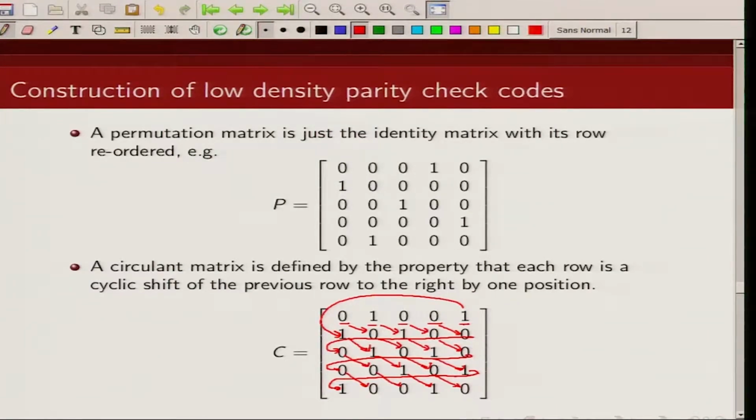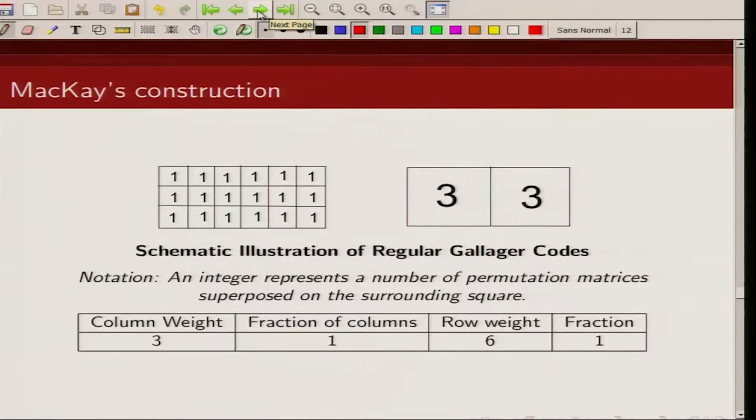We will now show how we can randomly construct these permutation matrices. This is just an identity matrix which is row reordered. Now, we will show how we can construct our LDPC codes using these permutation matrices. The first example that we are going to consider is a regular LDPC code.